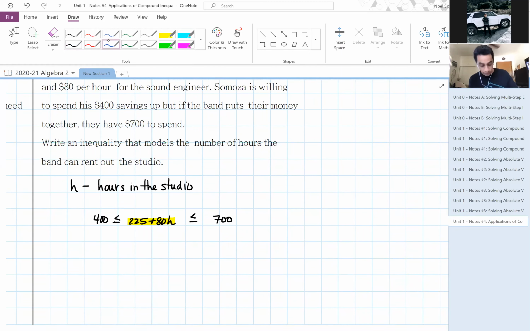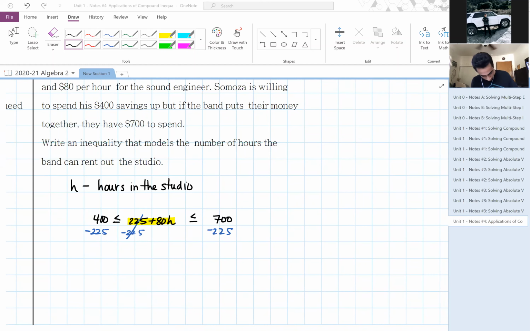So let's go ahead and solve. In this case, we would want to subtract 225 first from all three values. 400 minus 225, I believe that's 175. Let me double check.